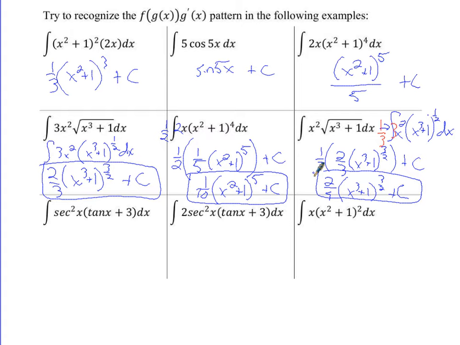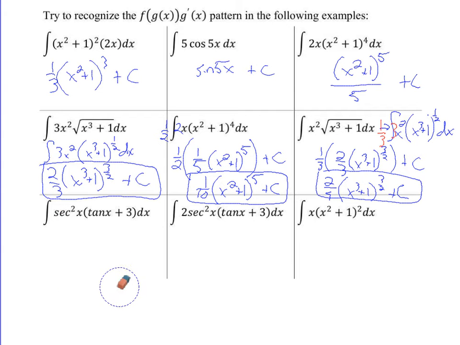Pretty sure it is. So let's do an aside here. If I have the tangent x plus 3 and I want to take the derivative, what do I get? I get secant squared x. What happened to the 3? It disappeared. Okay? So yes, the pattern is already here. It doesn't look like it is, kind of, but it is there.